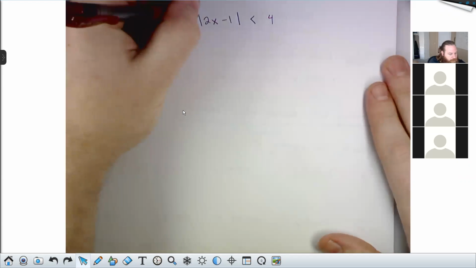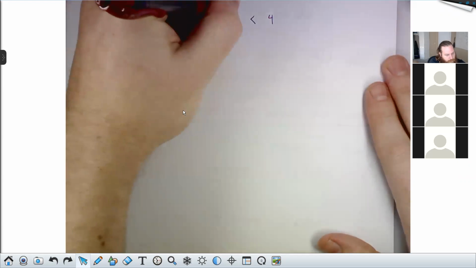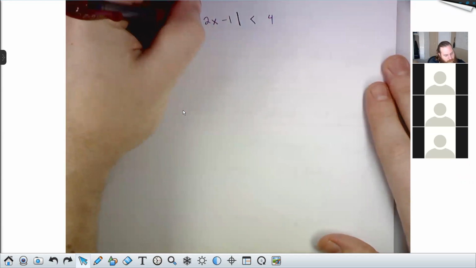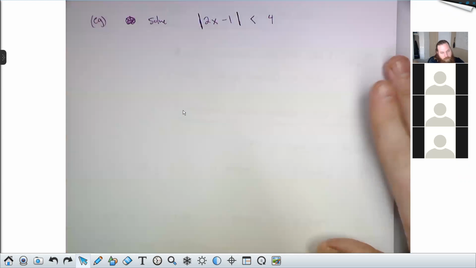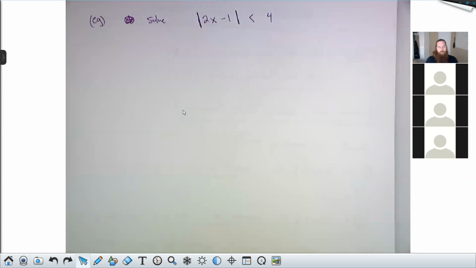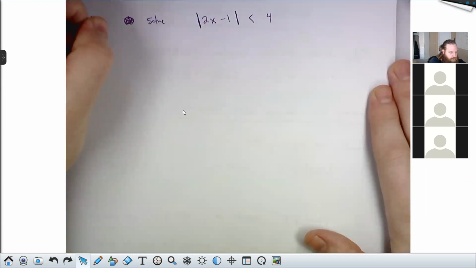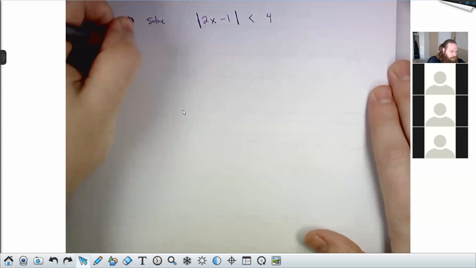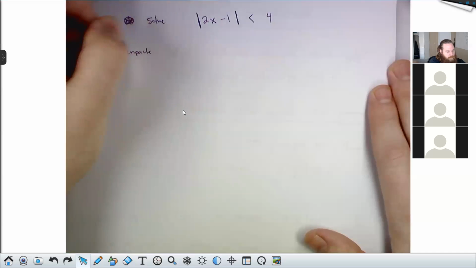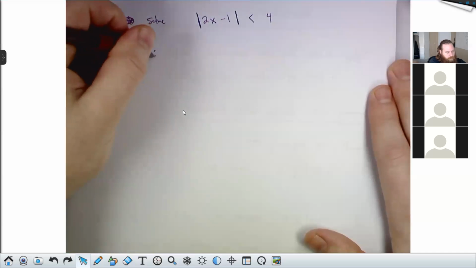I need to get rid of the absolute value. The absolute value is like an impenetrable box. There's only a few things we can do with it algebra-wise, so the easiest way to work with an absolute value inequality is to rewrite it without the absolute values. So first we unpack. That's why we have those rules.